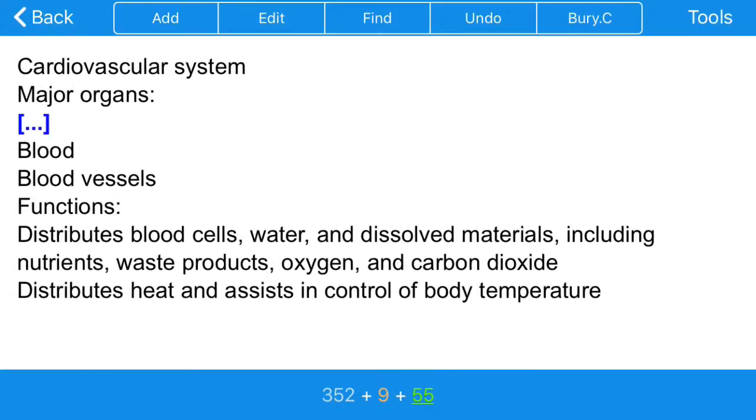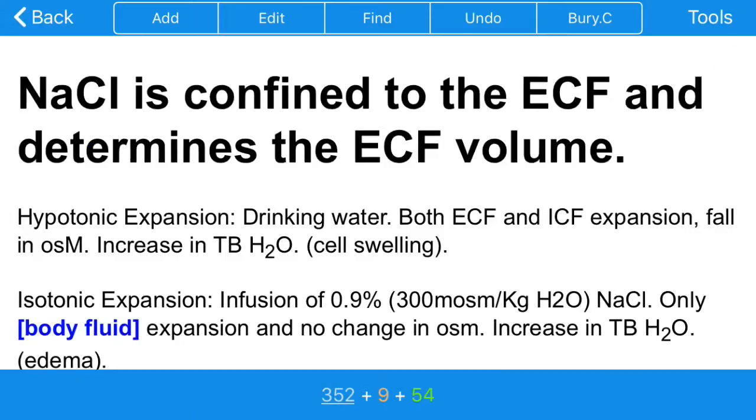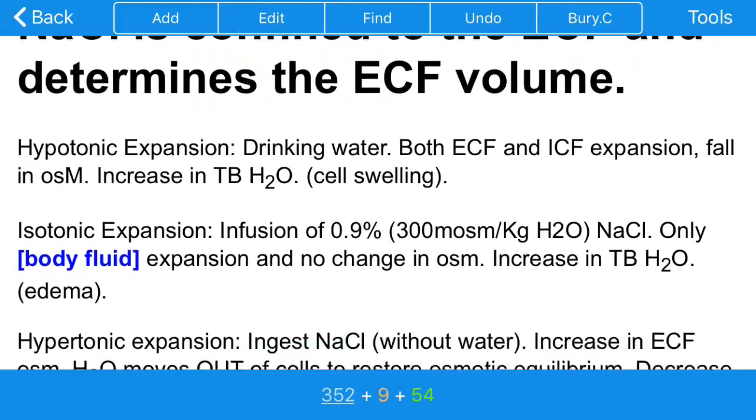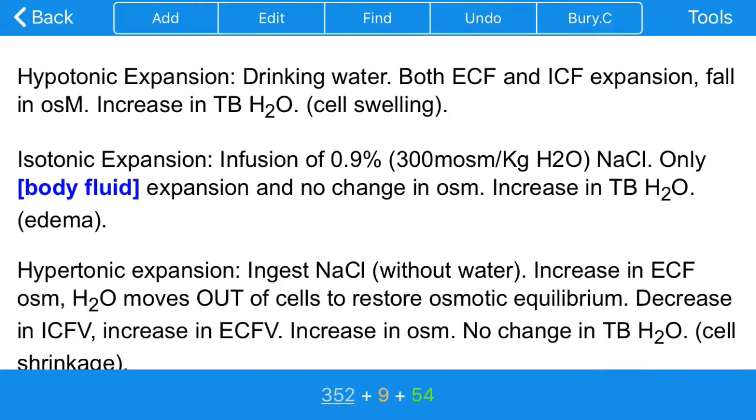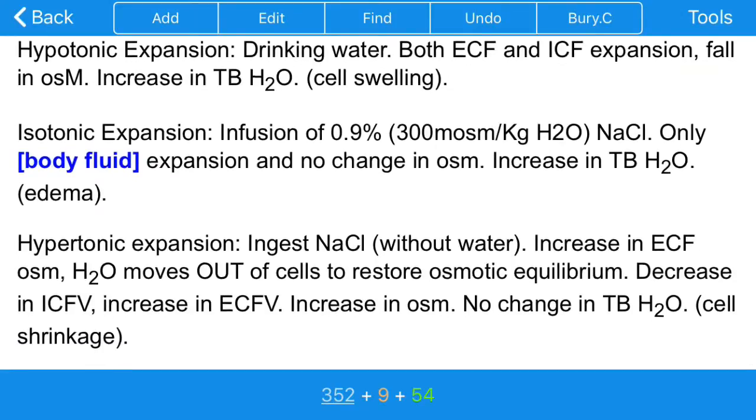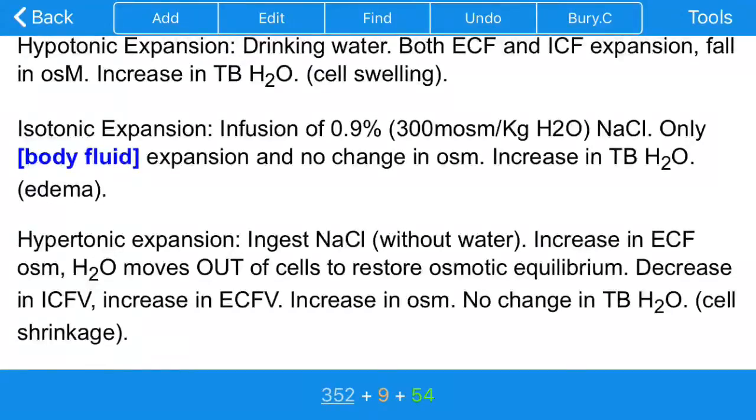Okay, major organs of the cardiovascular system. Heart. I'd say the heart is probably one of those big ones. All right. Sodium chloride is confined to the ECF and determines the ECF volume. Hypotonic expansion, drinking water: both ECF and ICF expand, and osmolarity falls.